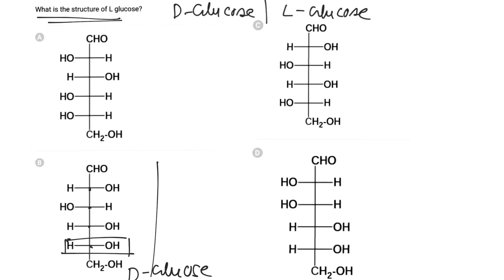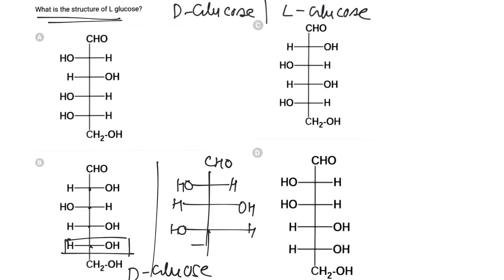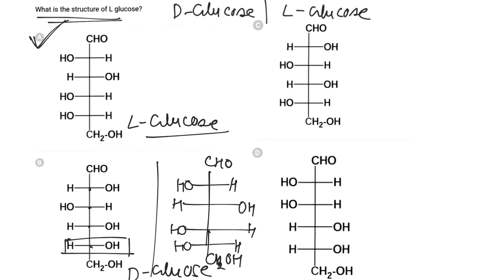Now if its mirror image is drawn, the mirror image will be OH, H, H, OH, OH, H, OH, H and CH2OH, and this structure is similar to the structure given in option A, and hence the correct answer is A. This molecule is D-glucose and this molecule represents the structure of L-glucose.